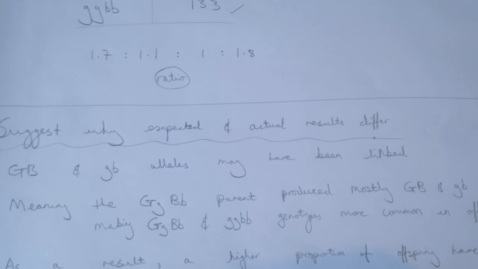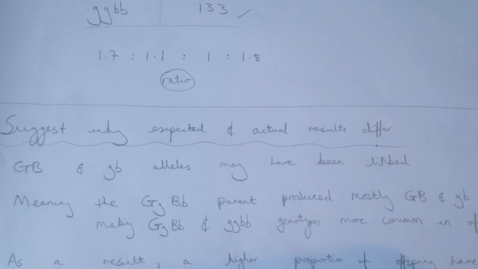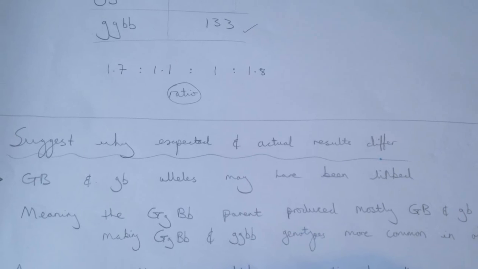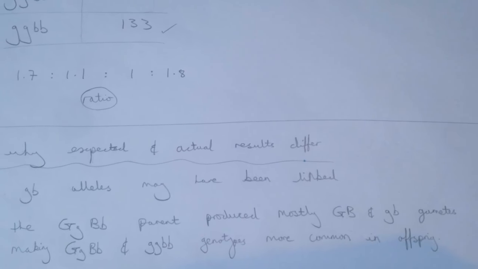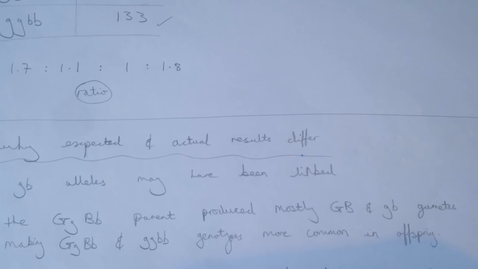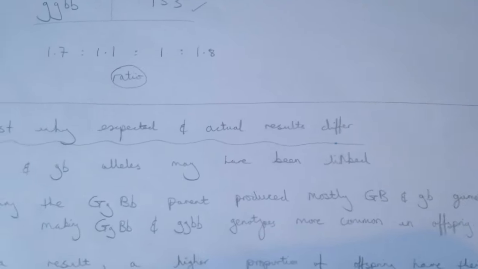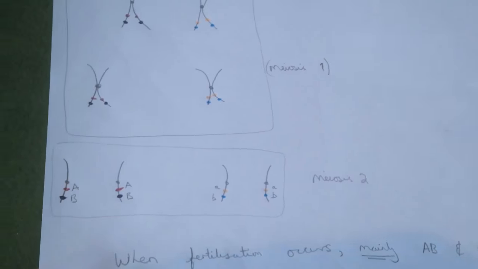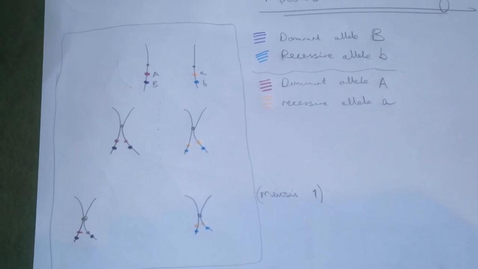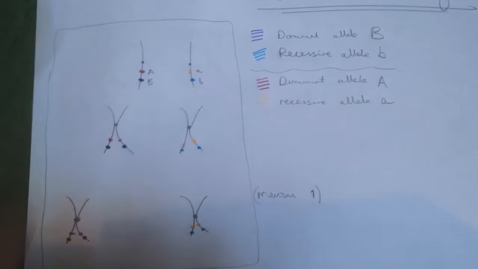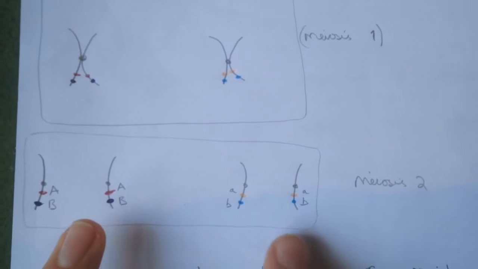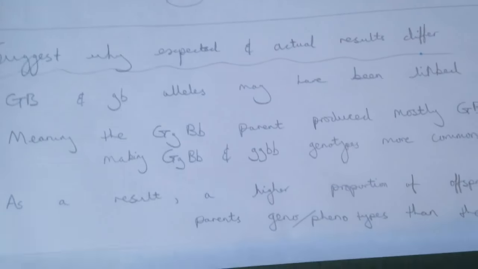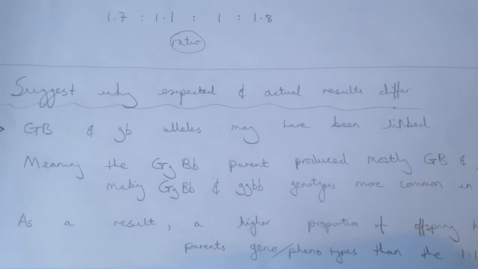So this is a similar scenario, meaning the big G, big B parent produced mostly big G, big B and little g gametes, which, coming back to the first slide, given that they were linked, the offspring without any crossing over only gave us those. So this is very similar, just a change of letter.